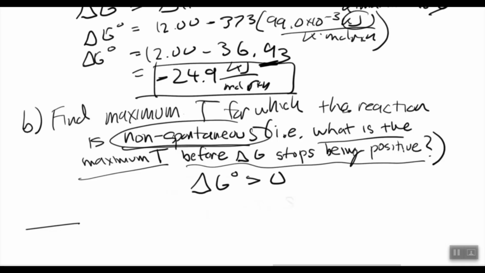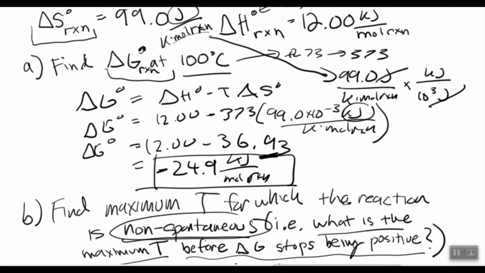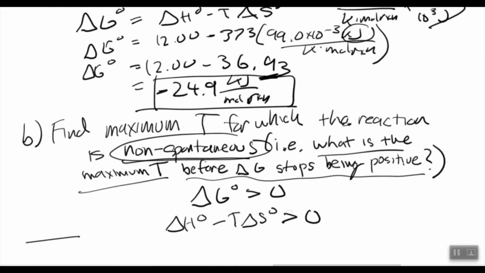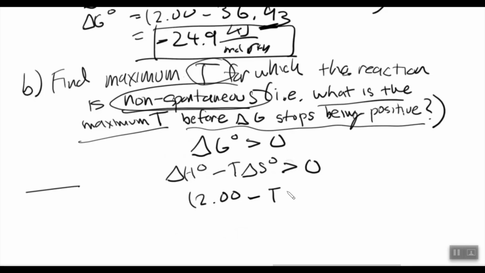So we know that the ΔG⁰ is going to be ΔH⁰ minus TΔS⁰, and this has to be greater than 0. Let's plug in our numbers again. I know the ΔH is 12.00 minus T, so we're changing the T, so we're not going to plug in anything for that, but we know the ΔS⁰ is going to be 99.0 times 10 to the negative 3, and this is greater than 0.